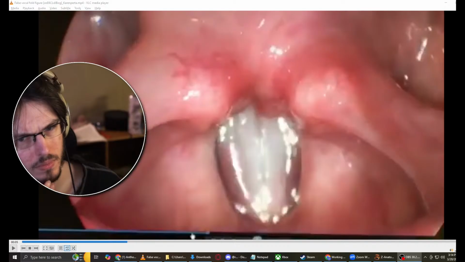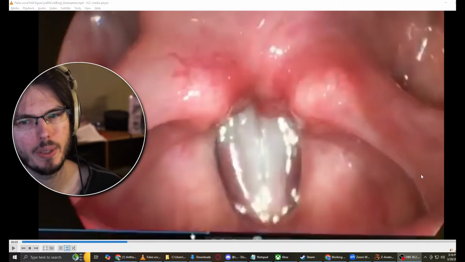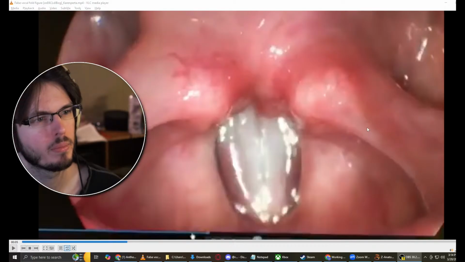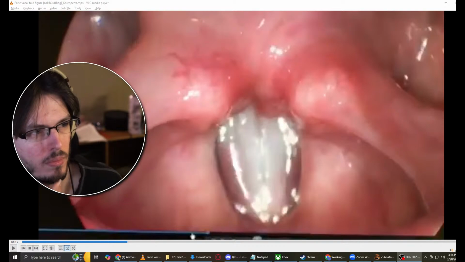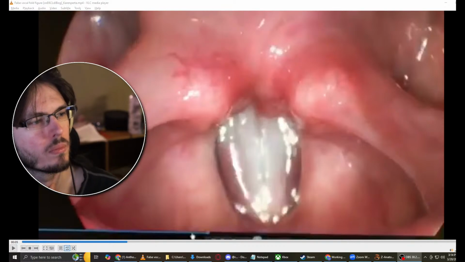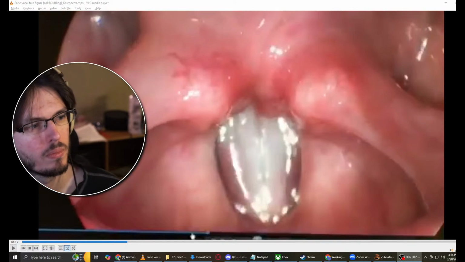The ariepiglottal folds are to the right and left here. Yeah, exactly. So those can vibrate as well. There's lots of things in here that can do a lot of vibrating, and in my current speaking voice, I'm trying to focus just on vibration of the true vocal folds.